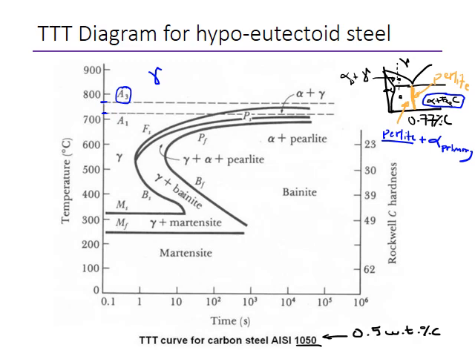So you can read a little bit more about the A1, A3 lines in other books. I won't explain that in detail, but that's another way of referring to this situation. A1 normally is this temperature. A3 is normally this temperature.